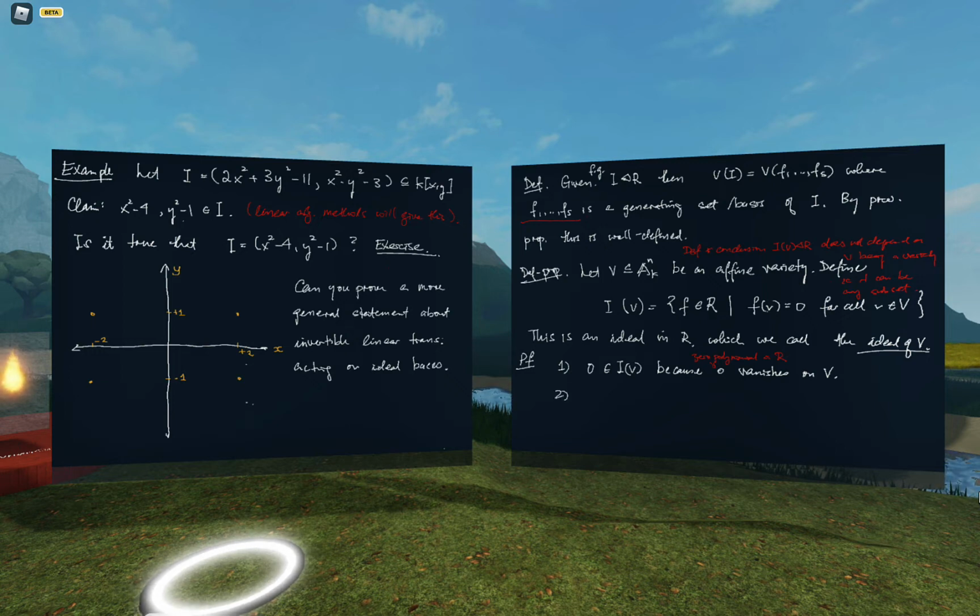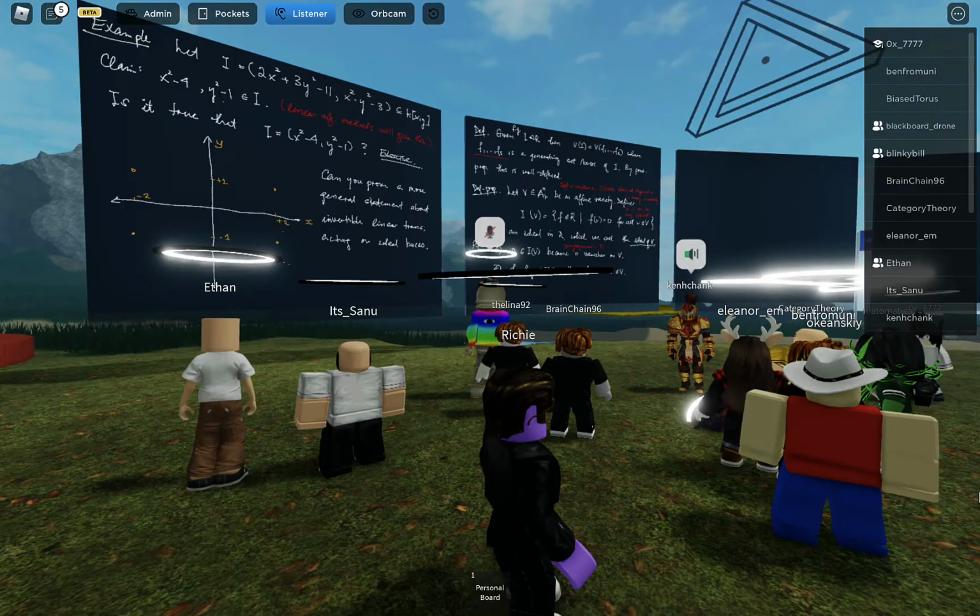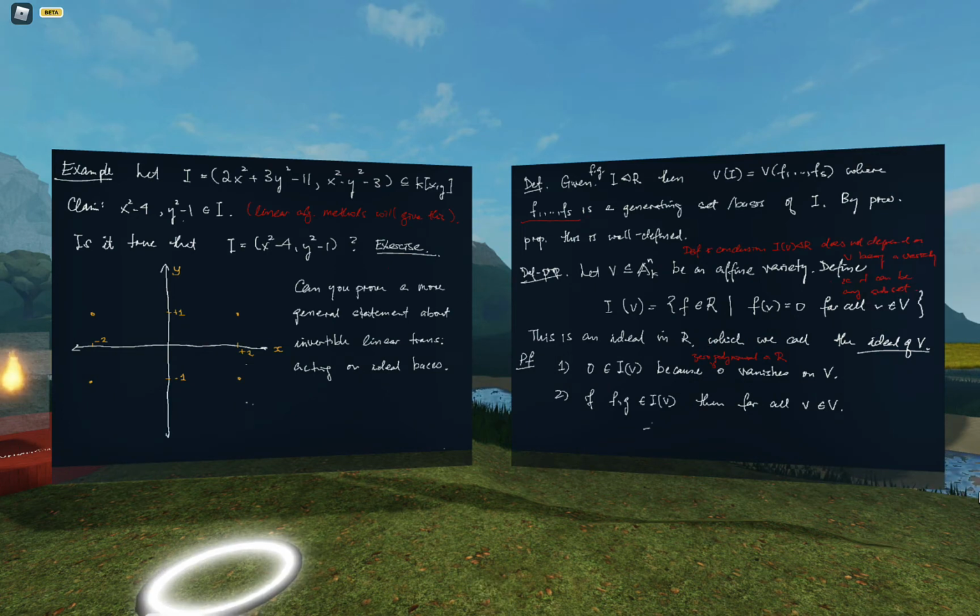Two, addition: if f and g are in I of V, that means f and g both vanish on all points in V. Then for all v in V, f plus g. When I write f plus g, this is the function, the way you add functions, add polynomials.